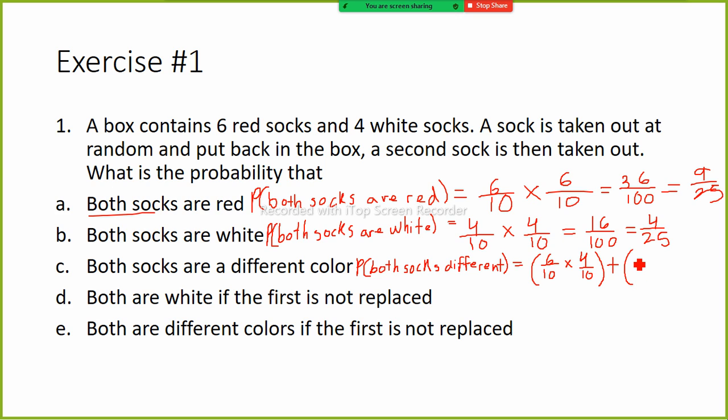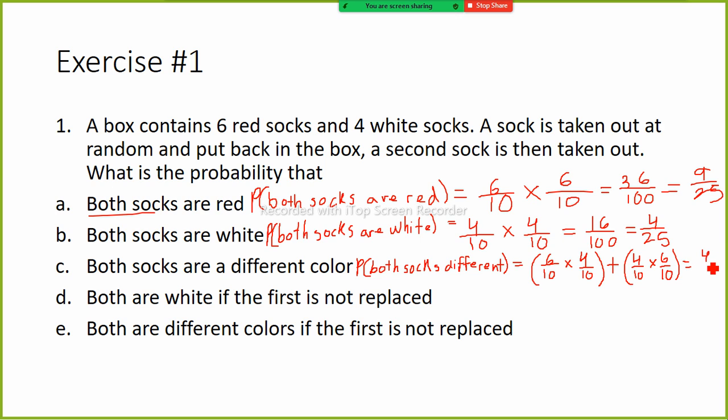Very good. 4 over 10 times 6 over 10. Very good. That's gonna be equal to, I ran out of space, it's gonna be equal to 24 over 100 plus 24 over 100.